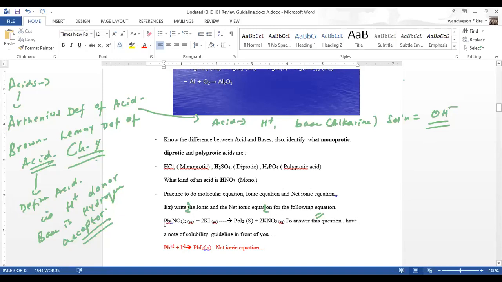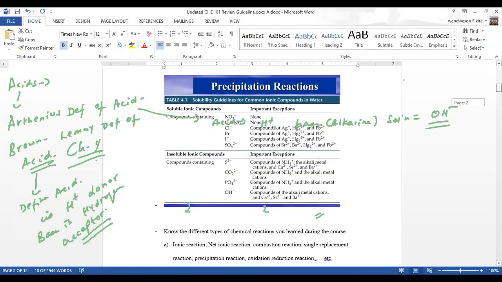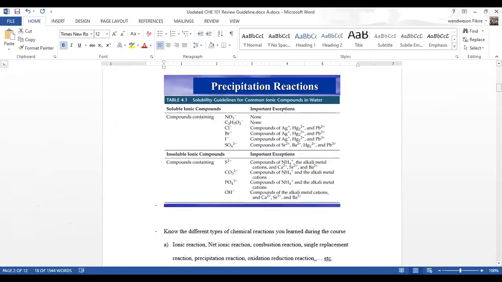We have a molecular equation: lead nitrate reacts with potassium iodide, which gives you lead iodide as a solid. S refers to solid, and by removing the spectator ions, you get a net ionic equation. This problem is related to the solubility guidelines, which we have here on the top.